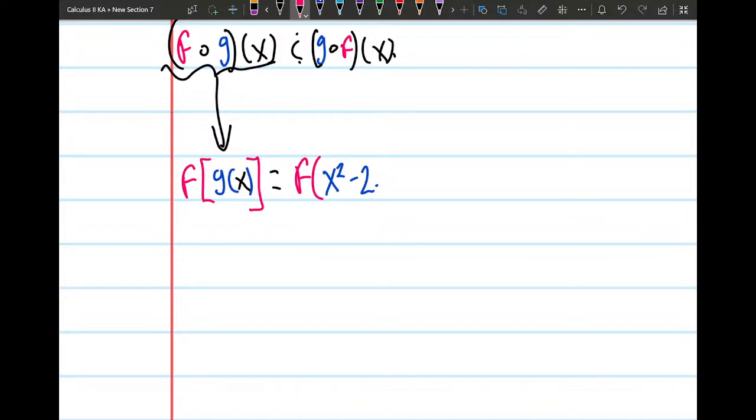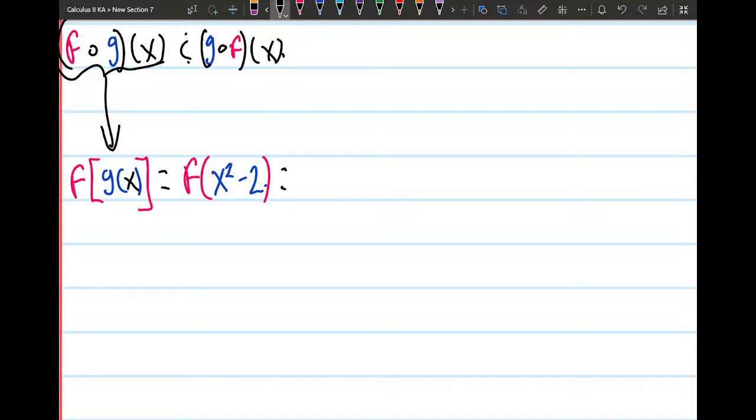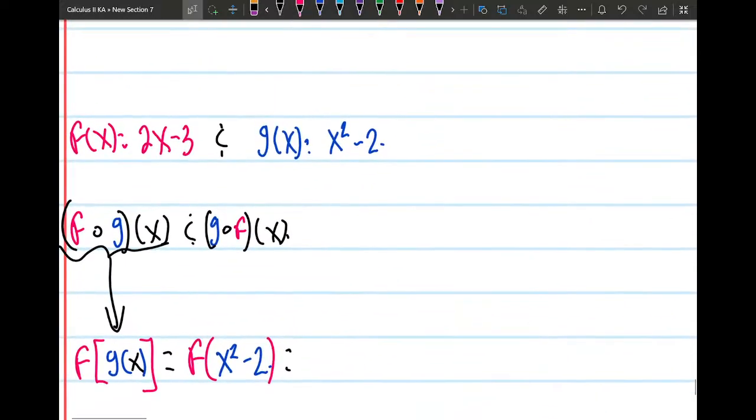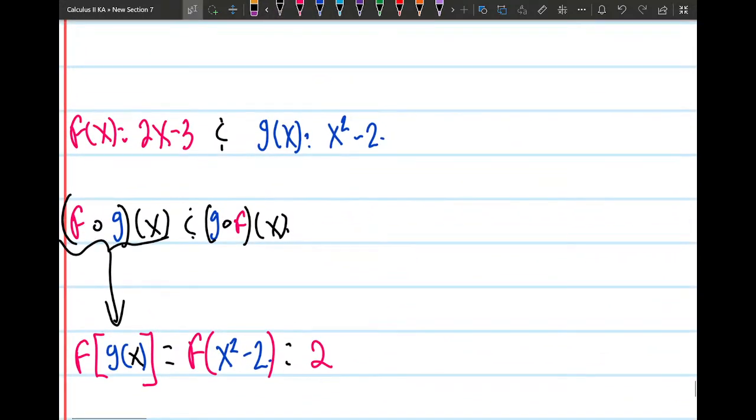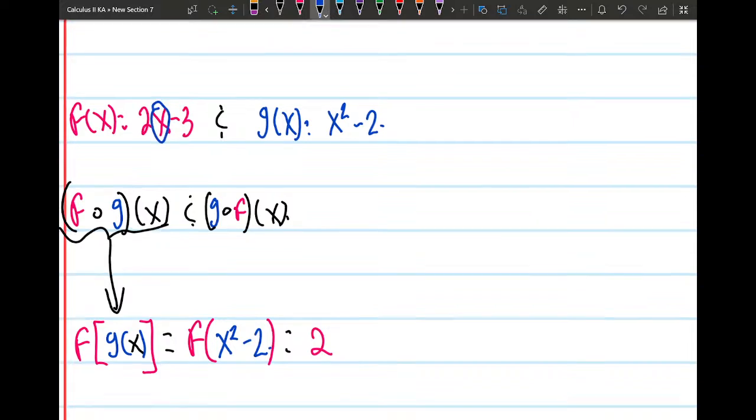It's basically going to be 2, and then we're going to plug in x squared minus 2 in for x.